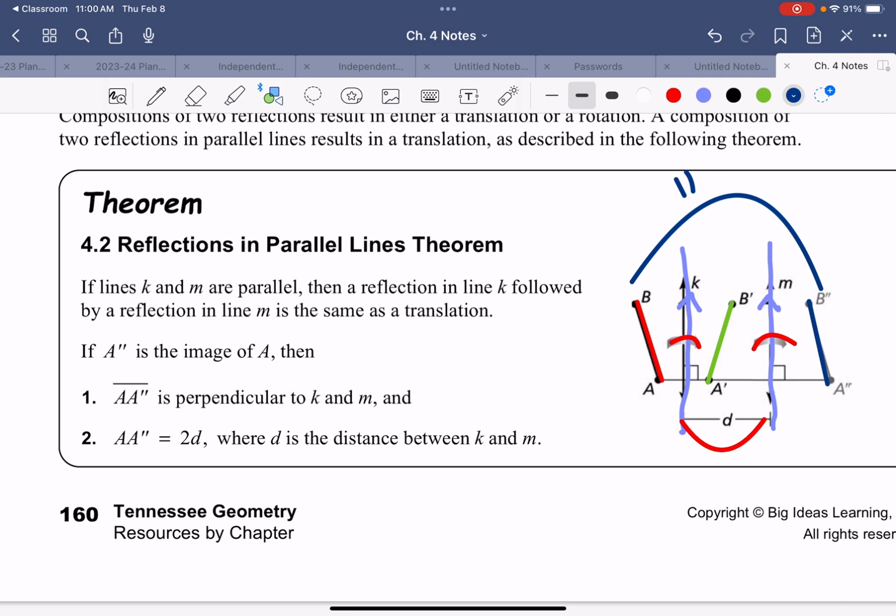Okay, so first of all, I know that BA and BA double prime are parallel to each other. The other thing, and what they're wanting you to know, is that this distance here from A to A prime is going to be twice the length of the distance between our two parallel lines.